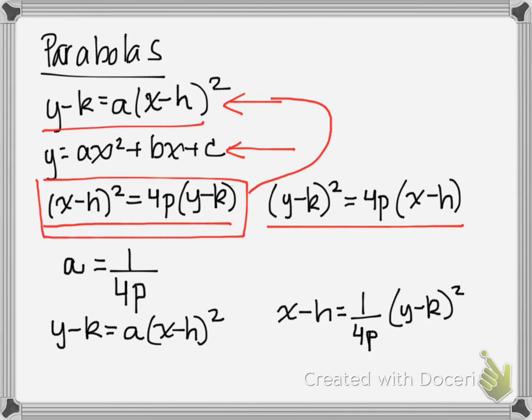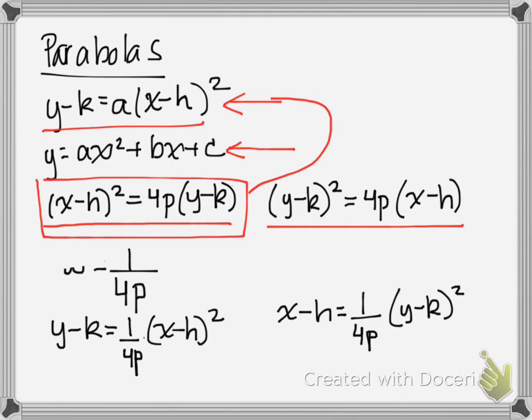With that arrangement, the key relationship is this 1 over 4p, and we're just plugging 1 over 4p into the equation for a. I'll talk about what p stands for in a moment. So with these two equations, I'm going to replace a, when I'm talking about a conic section, with 1 over 4p.